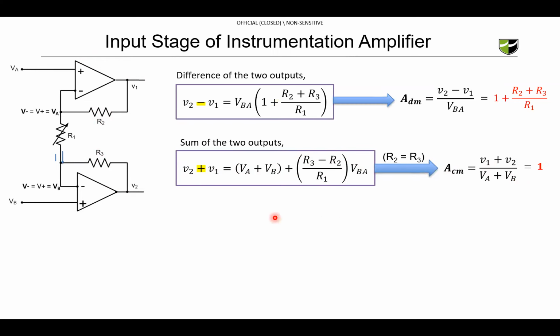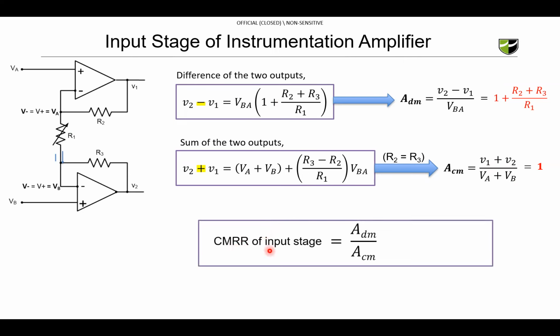Next is the CMRR, the common mode rejection ratio. As we have learned from lesson 1, CMRR is simply the ratio between the differential mode gain and the common mode gain. Since ACM is 1, this is just equal to the ADM over here.